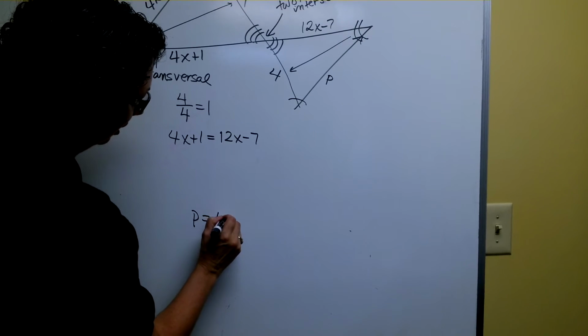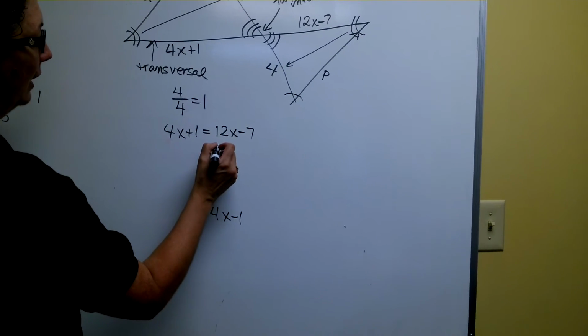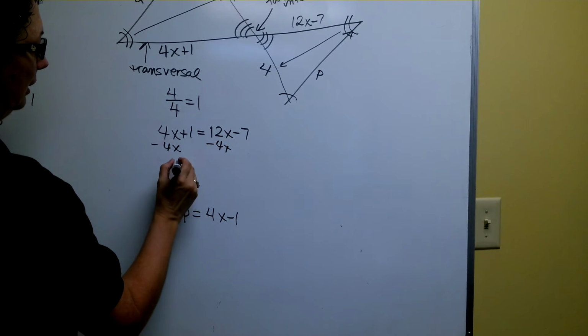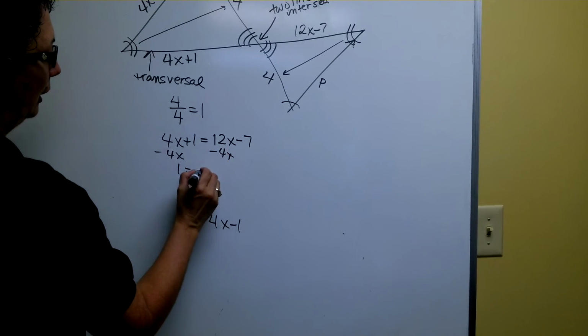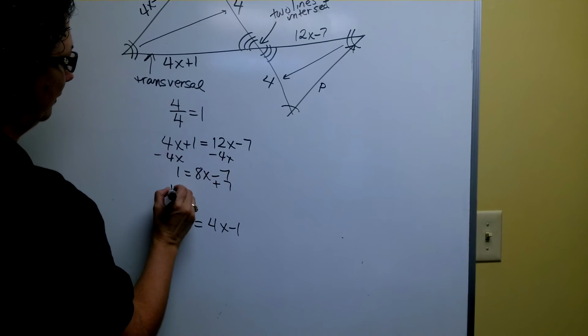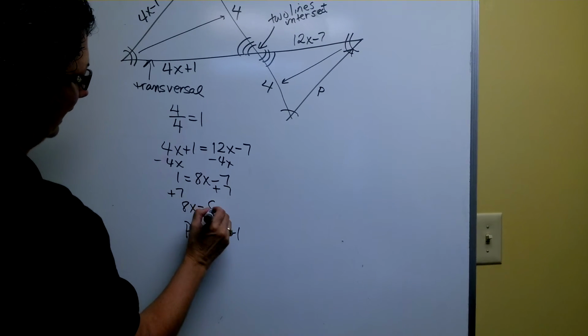So if I solve here, I'm going to subtract 4x from both sides. So I get 1 equals 8x minus 7. Add 7 to both sides. So 8x is equal to 8.